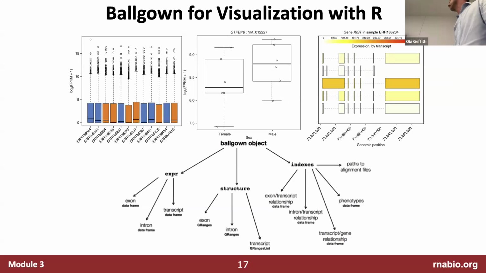One of the main reasons we still include Ballgown, even though honestly that package is not very well supported, is it does have some nice visualizations. I'm not aware of a nice visualization like this for DESeq, for example, where you can get the transcript level, the isoform level expression estimation. So this is one of the advantages of using StringTie, right?